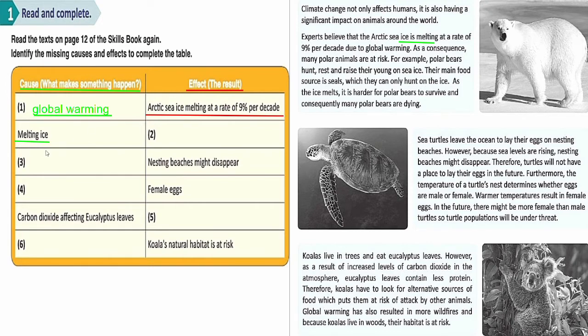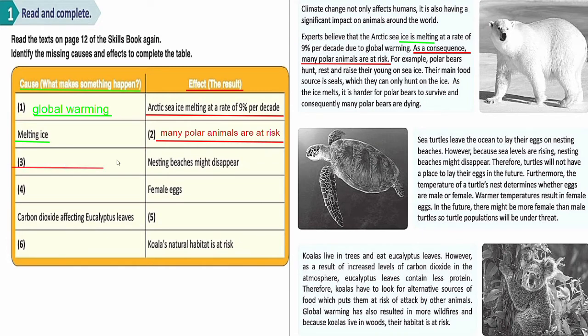So the effect of ice melting is within the next sentence. As a consequence, many polar animals are at risk, and this is the effect of melting ice. Many polar animals are at risk.